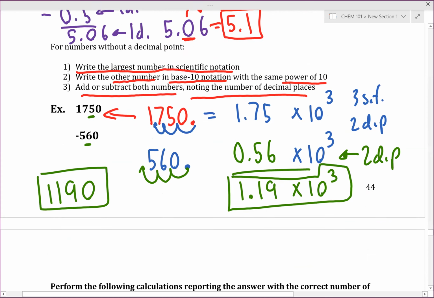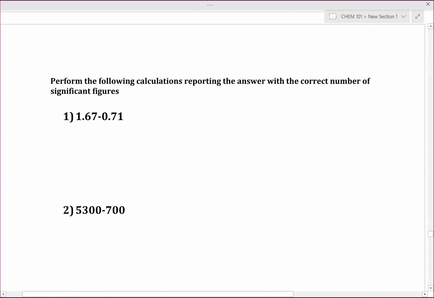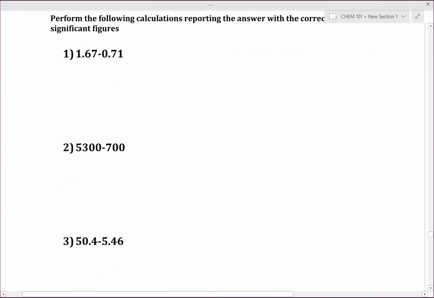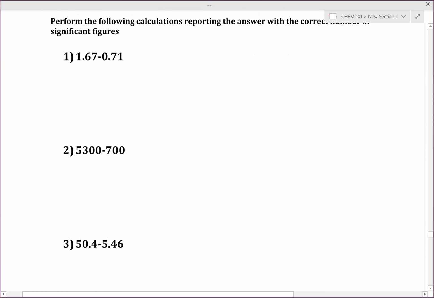Let's now try to do a few examples. So I'm going to start us off with this first example, and then you will continue on with the remaining examples. So we're taking 1.67 minus 0.71. So looking at both of these numbers, how many decimal places do both of these numbers have? 2.